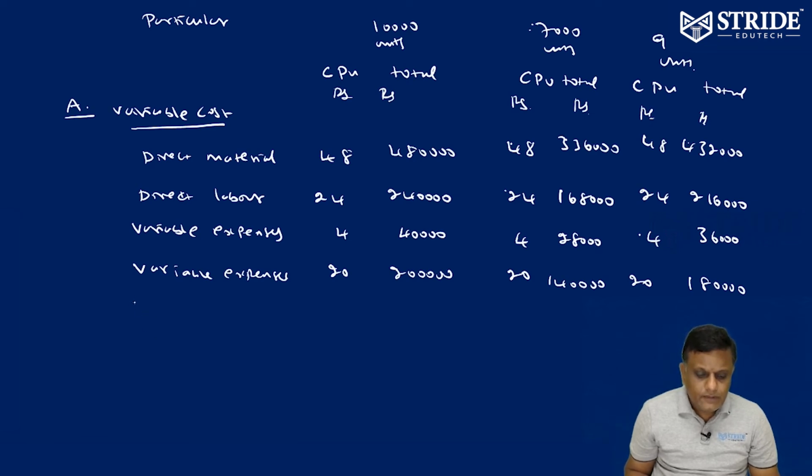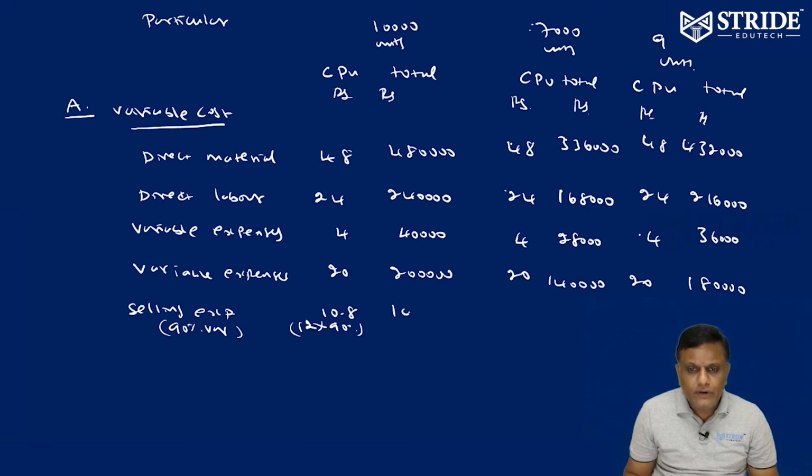Next, selling expenses. Selling expenses are 90% variable, 10% fixed. So here 12 rupees, 12 into 90%, that is equivalent to 10.8.